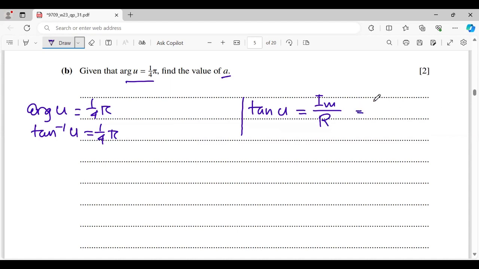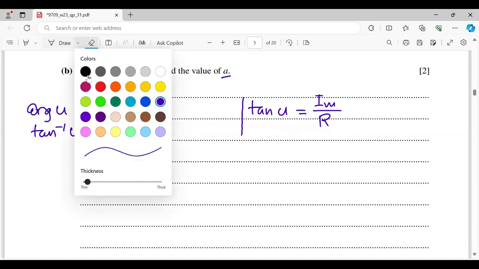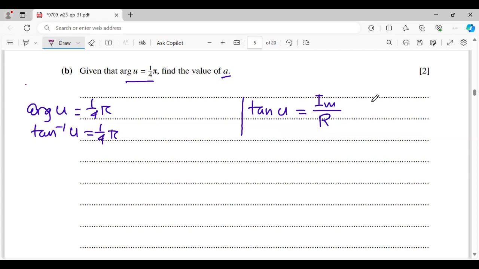The imaginary part is 15 plus 2a over a squared plus 25.